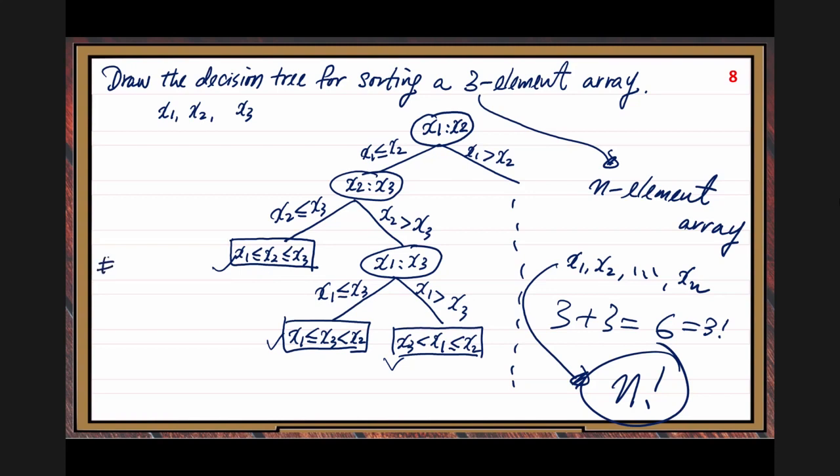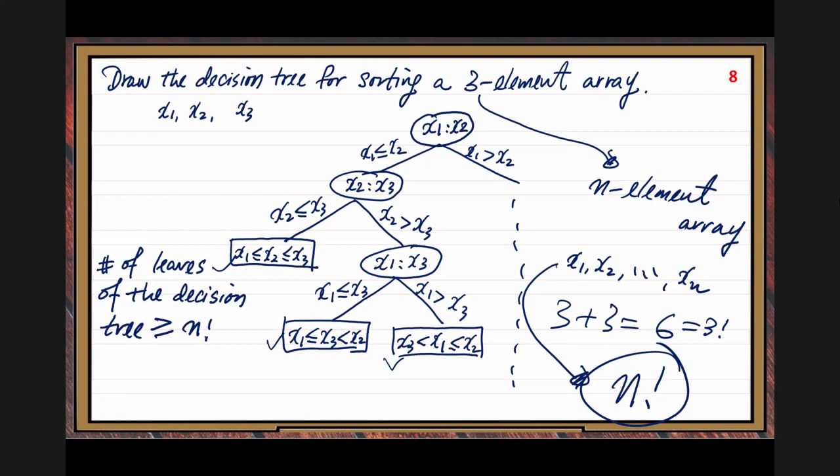The number of leaves of the decision tree is greater than or equal to n factorial.